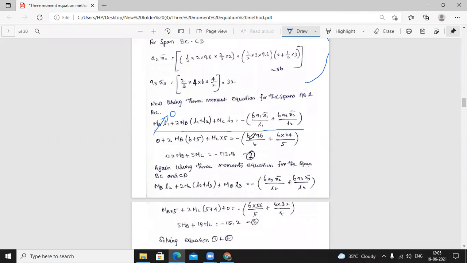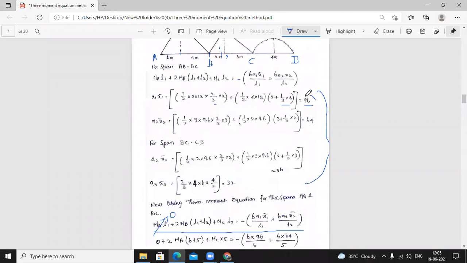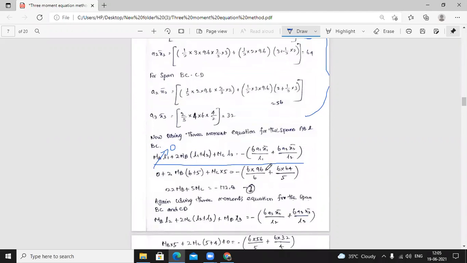Next minus 6 into what is A1 X1 bar? You can see A1 X1 bar is nothing but 96. So write that 96 here, 96 divided by L1. L1 is 6 meter. Next plus 6 A2 X2 bar. What is A2 X2 bar? It is 64 meter.